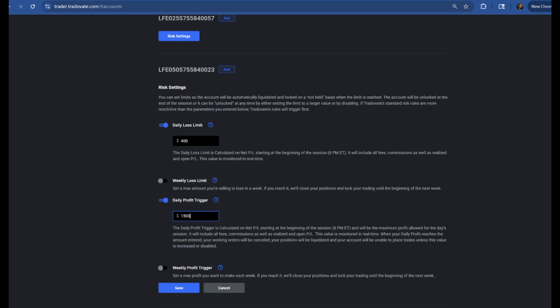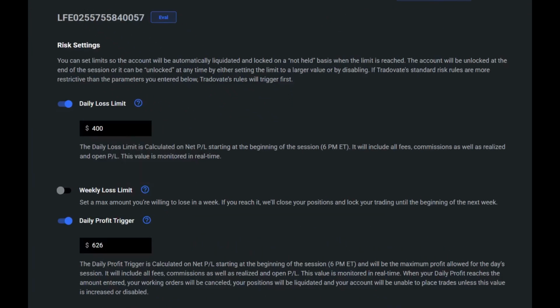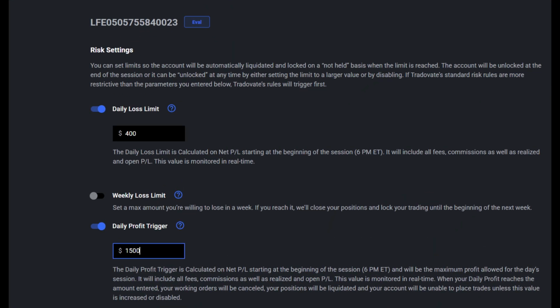So that's $1,500 each day. So I want to set my daily take profit and lock me out of the account once I hit that 50%. So for the $25,000 account, it's $625. For the $50,000 account, it is $1,500.